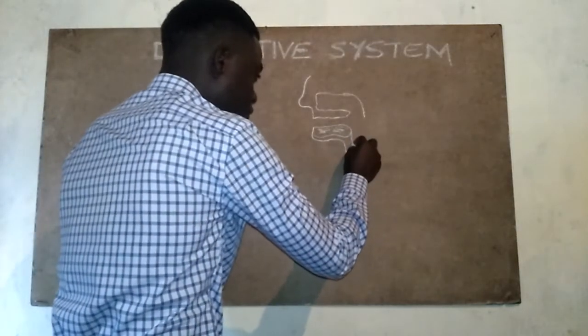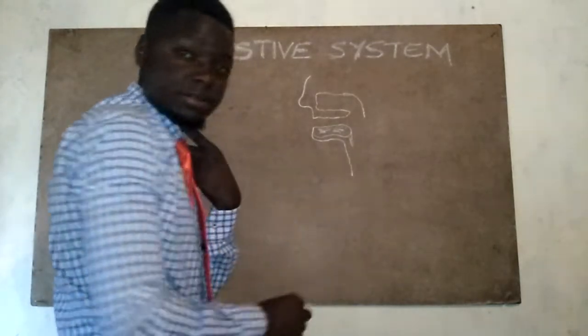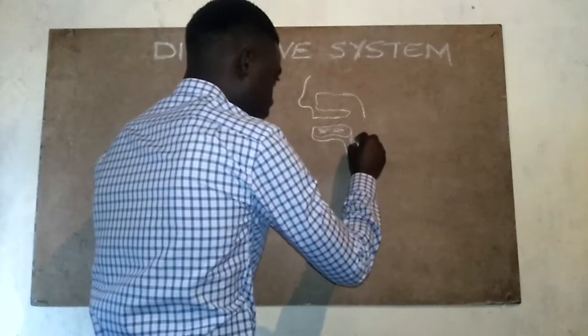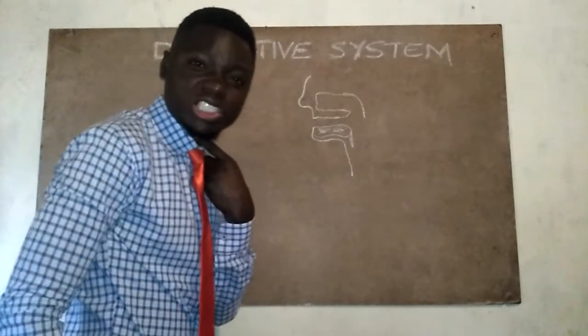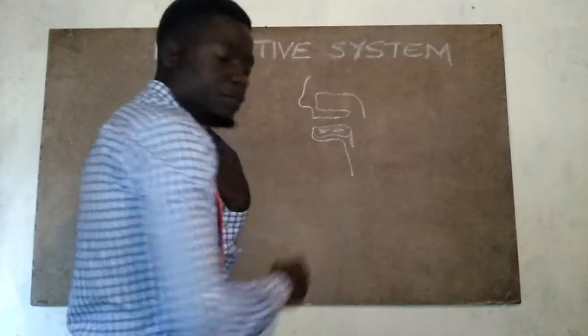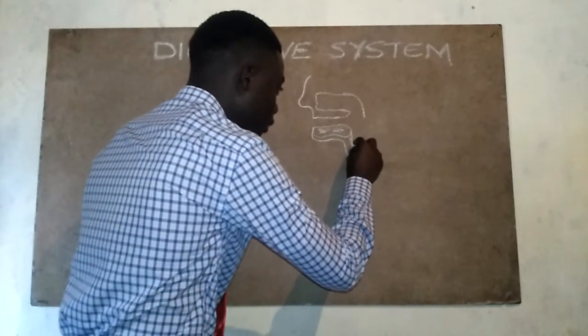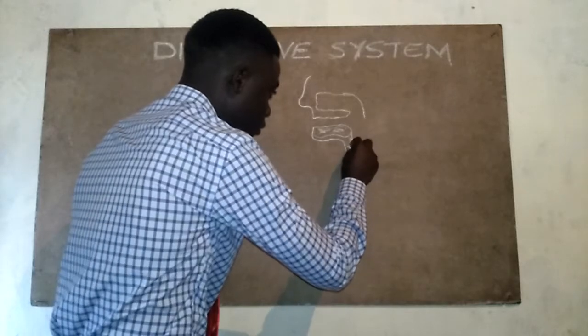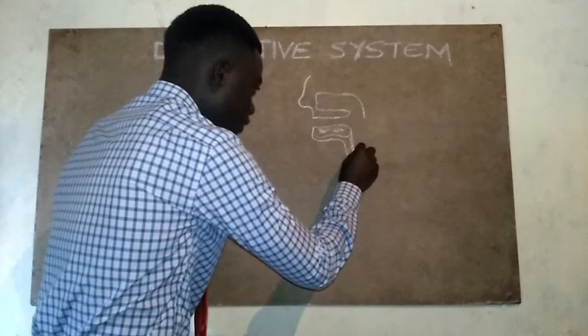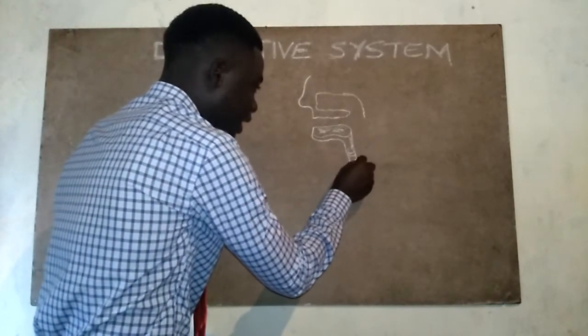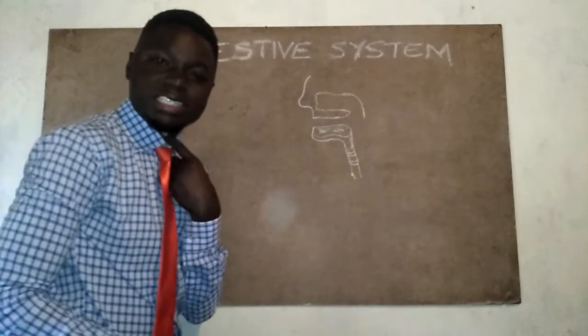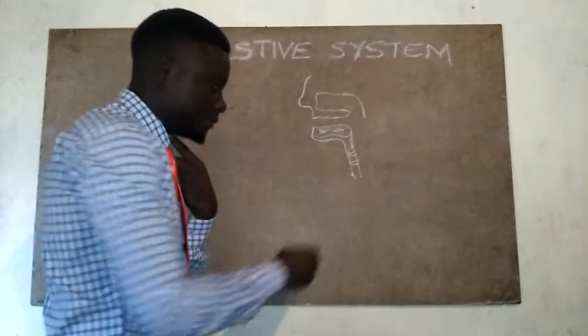So here we have the vocal cords, the larynx, and the larynx is continuous with the trachea, because the trachea is the main airway. And the trachea is made up of these cartilaginous rings to keep it patent.